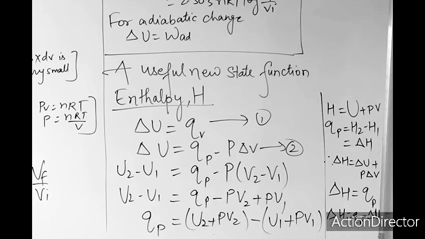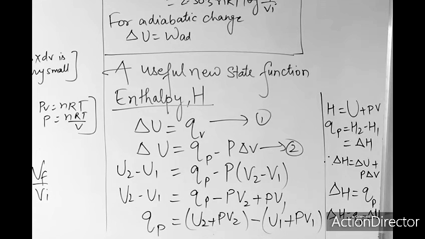And since it is for constant volume, delta V is equal to 0, so delta U is equal to QV. Internal energy change is equal to QV. Therefore, you can write delta H is equal to delta U, which is also equal to QV.